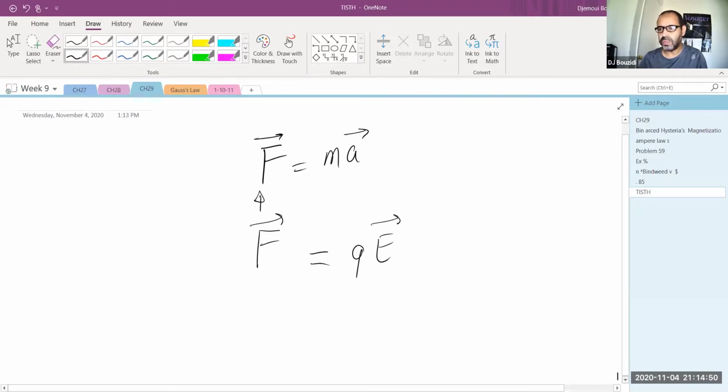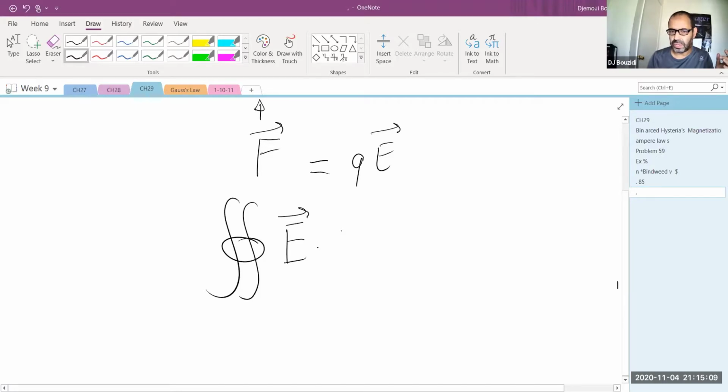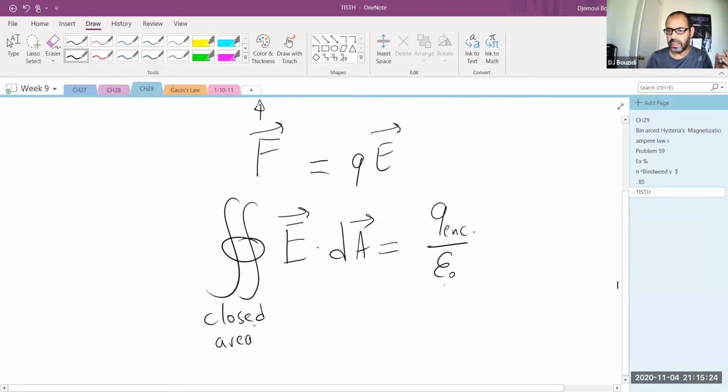Now, the electric field could be produced by a charge or a distribution of charges. And the way to find it actually was via Gauss's law. Gauss's law says that the flux of the electric field, this is phi of E, not phi of B, because now we just discovered the new flux, over a closed area, that's what that circle means, is simply equal to the charge enclosed divided by epsilon naught.